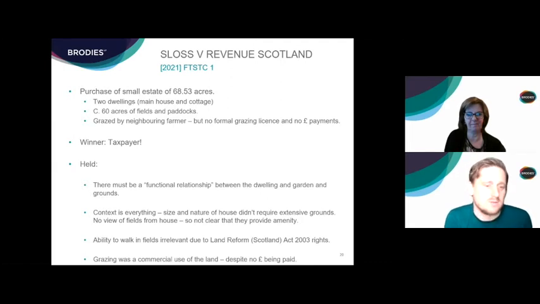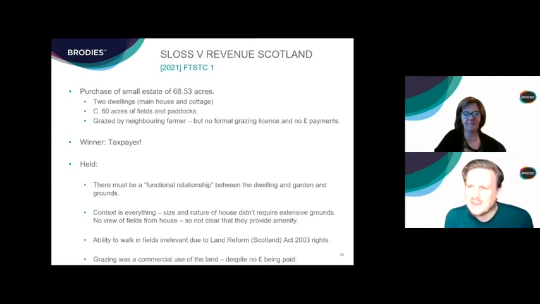So that doesn't matter. And they also, and this I thought was very interesting, held that although the land was grazed by a neighboring farmer, the fact that there was no formal grazing license in place and no cash payments was irrelevant, because a normal revenue line is you have to use land commercially to stop it being residential, and you have to exploit it for profit.